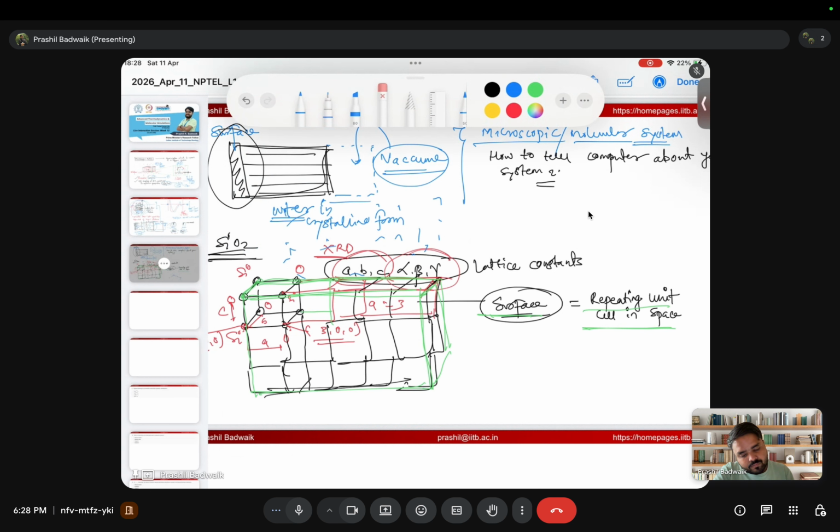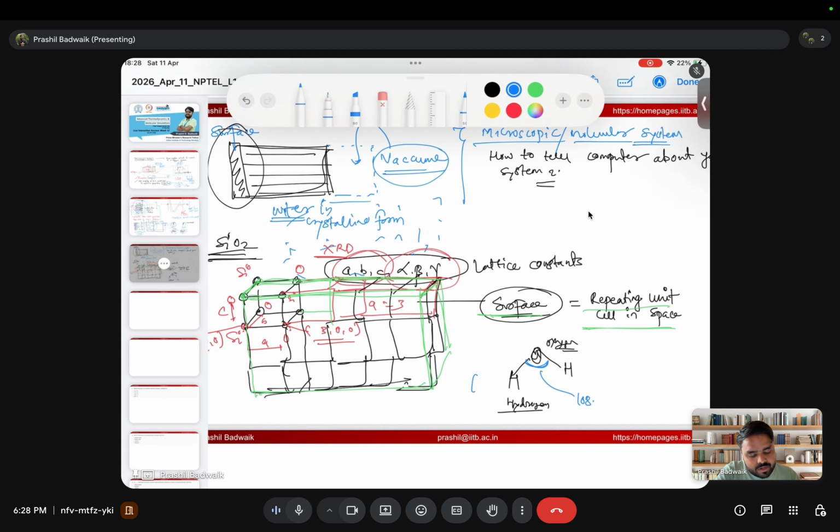HOH, correct? So this is my hydrogen, this is my oxygen. I know from the literature what the angle is. It is close to 108, right? I know the coordinates of one of the atoms, 0, 0, 0.